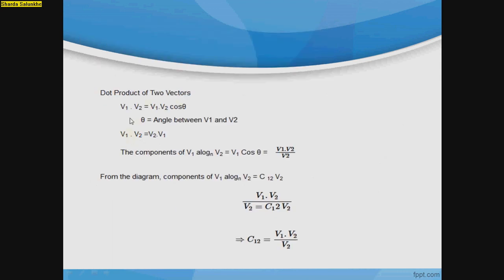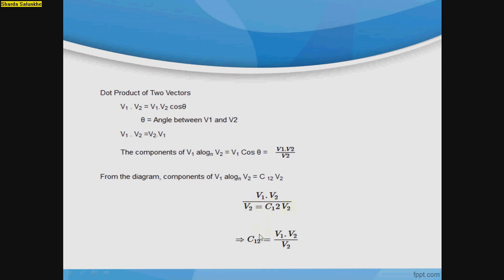Let us take the dot product of the two vectors. The dot product of two vectors is V1 dot V2 equal to V1 V2 cos theta, where theta is the angle between V1 and V2. Therefore V1 dot V2 is equal to V2 dot V1, and the component of V1 along V2 is equal to V1 cos theta, which is nothing but V1 dot V2 divided by V2.